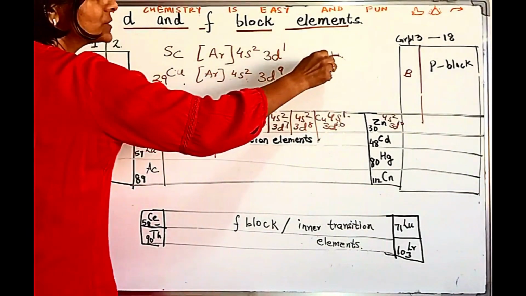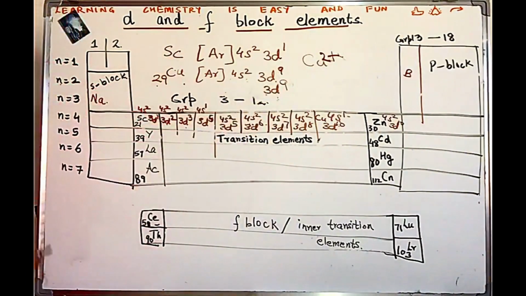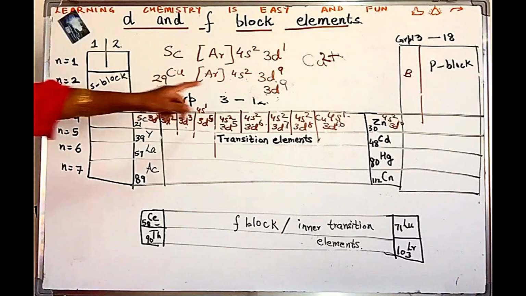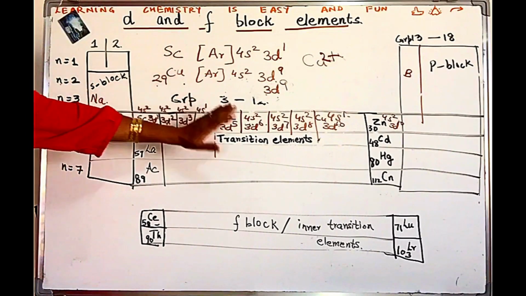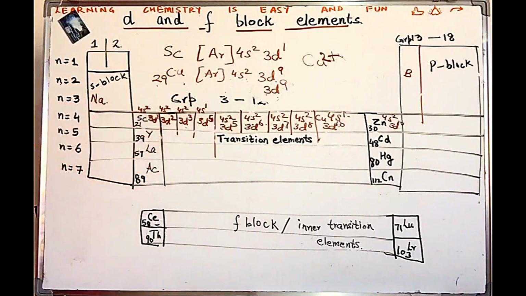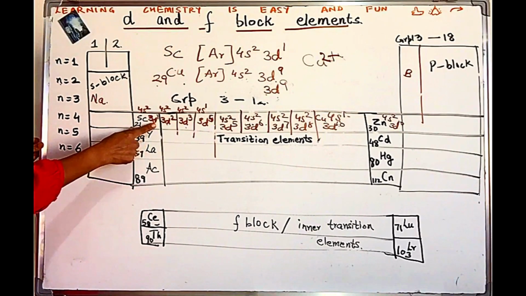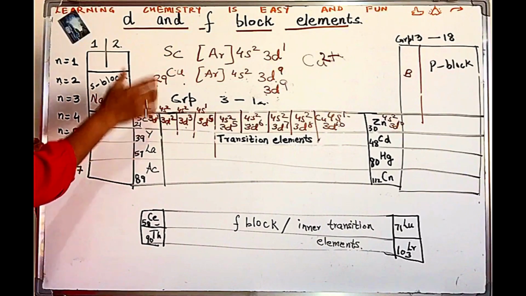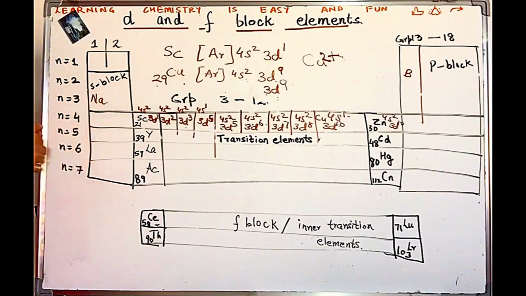But what about Cu2 positive? It will have to lose one electron from the d sublevel, with the result that the configuration will be 3d9. So that means it's an incomplete d sublevel. So the elements in the d block are said to be so because either they have an incomplete d sublevel or d orbital in their elemental state, or in any of their oxidized states, right?